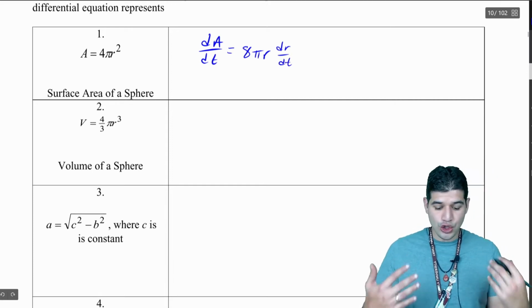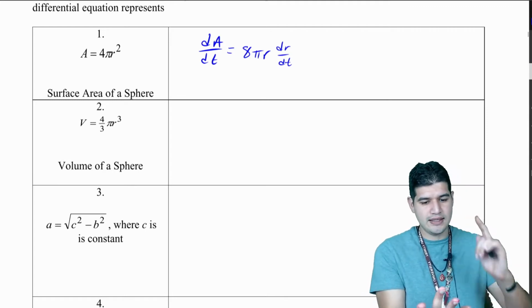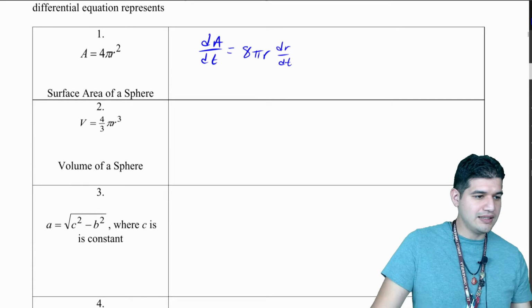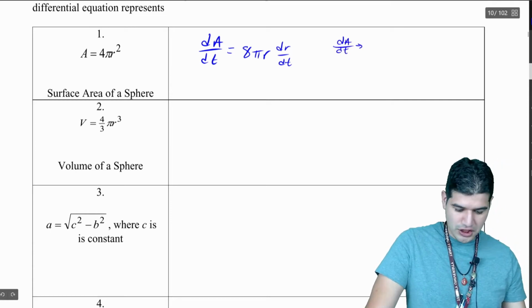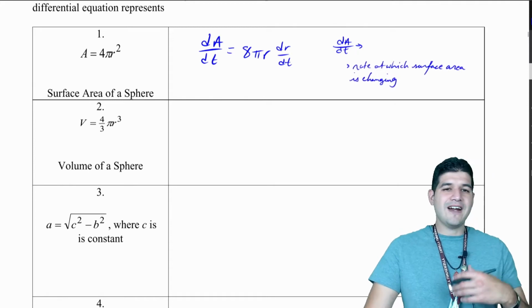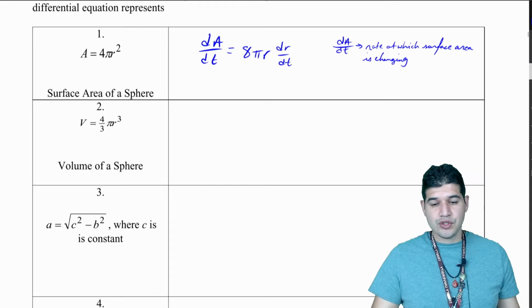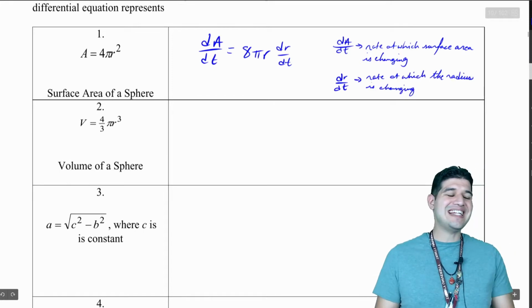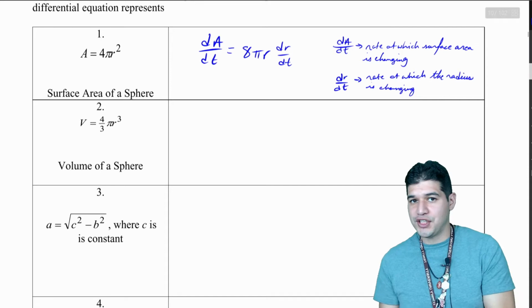So we've got three variables here: dA dt, r, and dr dt. r stands for our radius. What does dA dt stand for? That's the rate at which the surface area is changing. And dr dt is the change in the radius with respect to time, the rate at which the radius is changing.